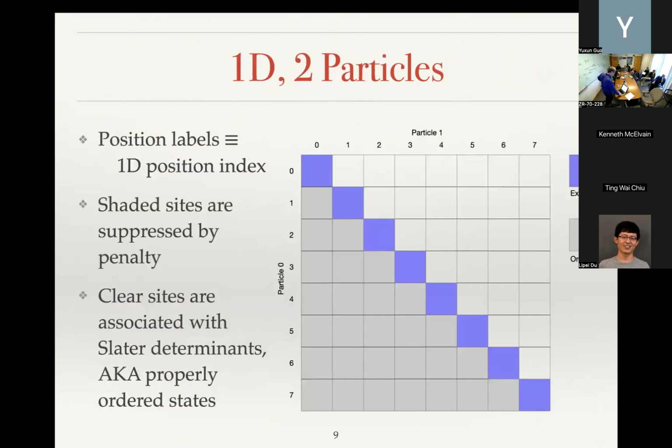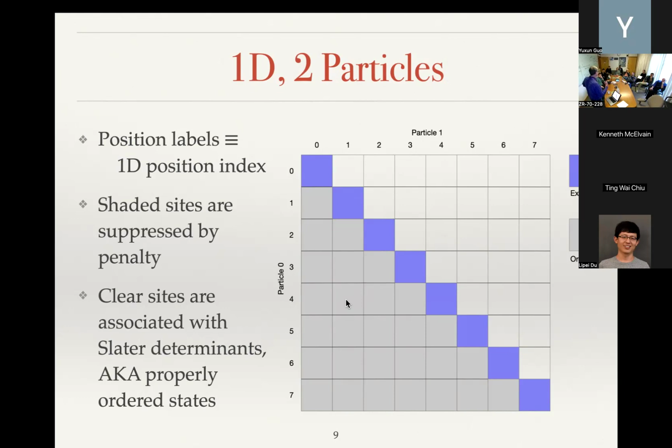Okay. So here I have 1D, 2 particles. So I create a penalty. The idea is particle 0 is in position 1, and particle 1 is in position 4. That would be this square. And there's the reverse. That one I'm going to penalize.